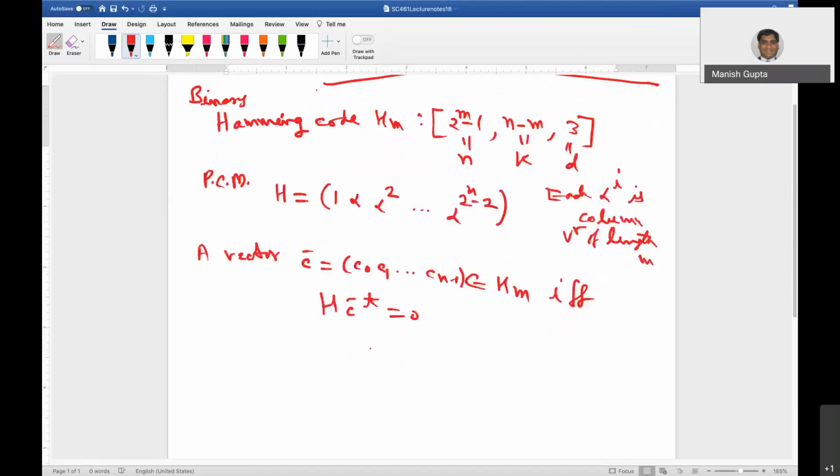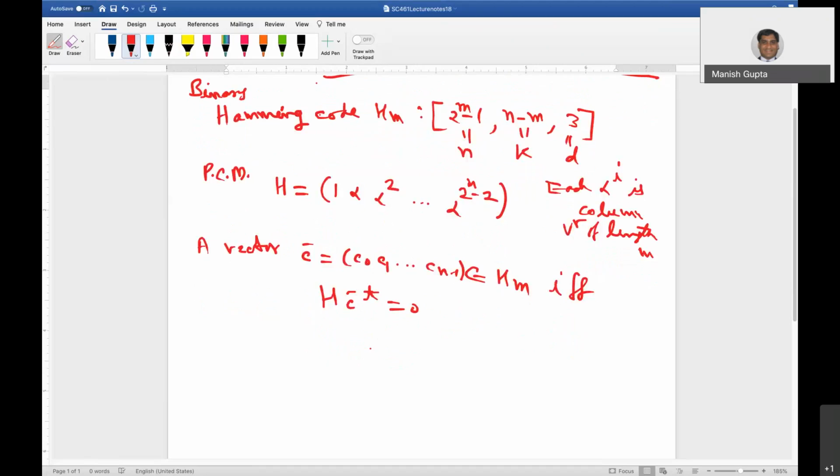And this gives us the if and only if condition. We can take H and c transpose. So this will give us the summation of ci alpha raised to power i, i equal to 0 to n minus 1, equal to 0.